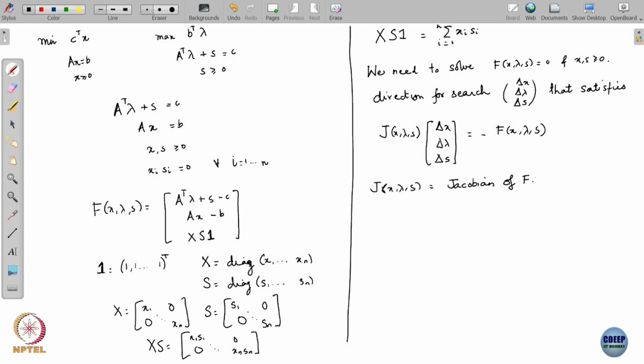So, in short, one can see that this is actually nothing but a Newton step. So, delta x, delta lambda, delta s is simply a Newton step for solving it.